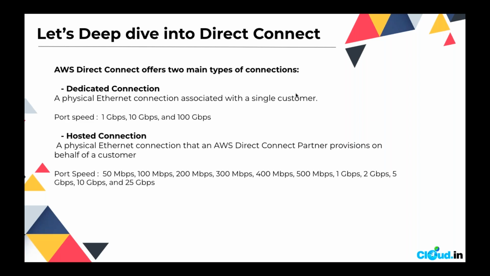It completely offers you a private dedicated link to AWS, wherein the network bandwidth and the connectivity are completely dedicated to that single customer, and no one can barge in or come in between this connection. It is solely for that specific customer only.